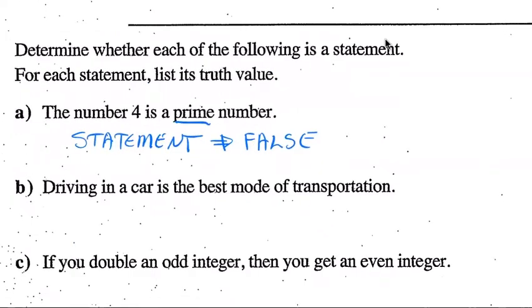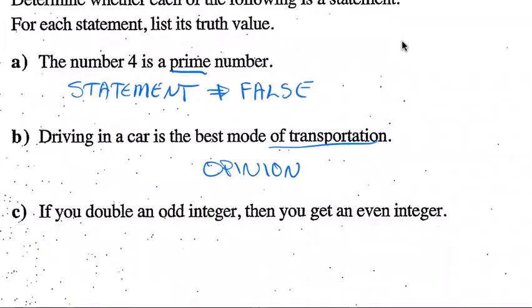Question B, driving in a car is the best mode of transportation. This is not a statement because some people may think it is and some people may think it is not. So this is an opinion. Question C, if you double an odd integer, then you get an even integer. This is a statement.